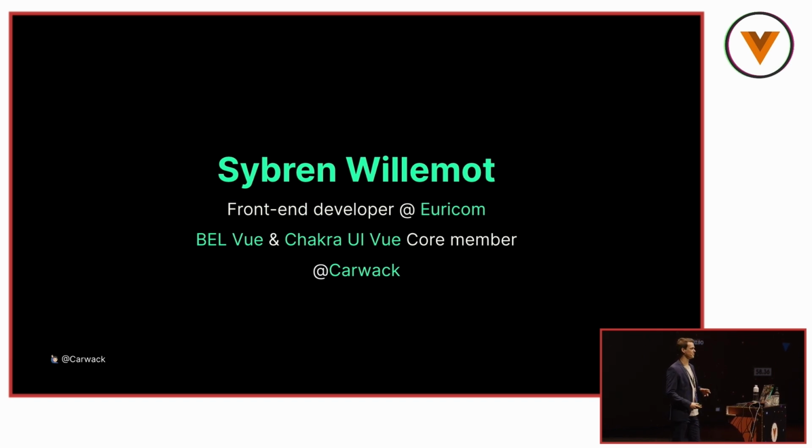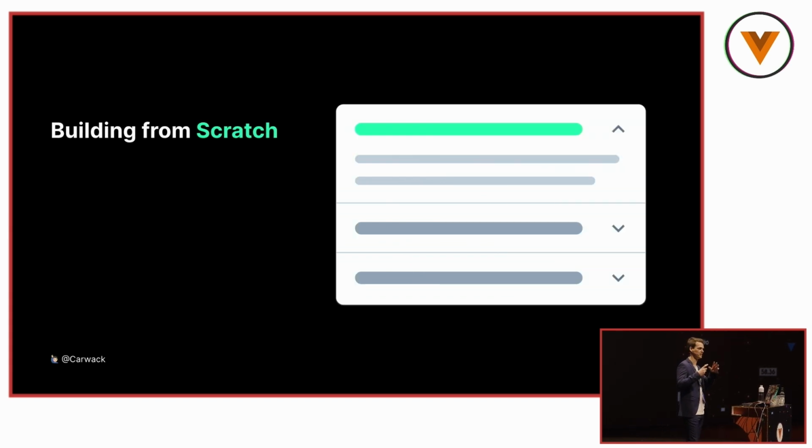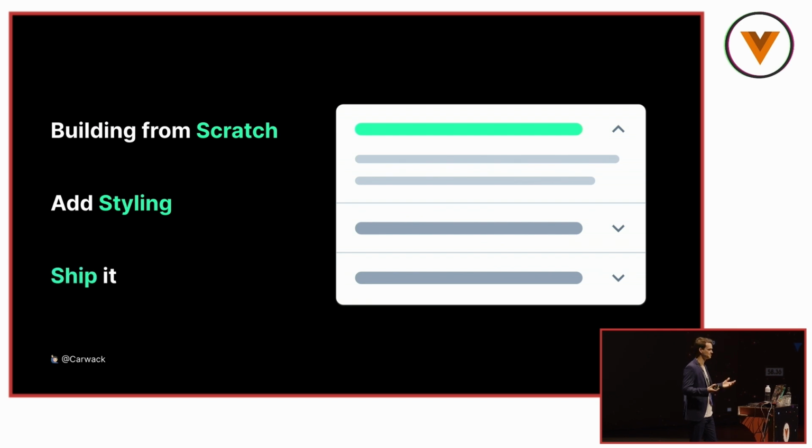Now, at my daily job, I'm part of a team that builds a design system. And one day, I got tasked with building an accordion component. So I got the designs from our designer and started building. I started building the logic from scratch, and then I added all the styling that was needed to make it look exactly like the designs. And then I could ship it, and everyone was happy.